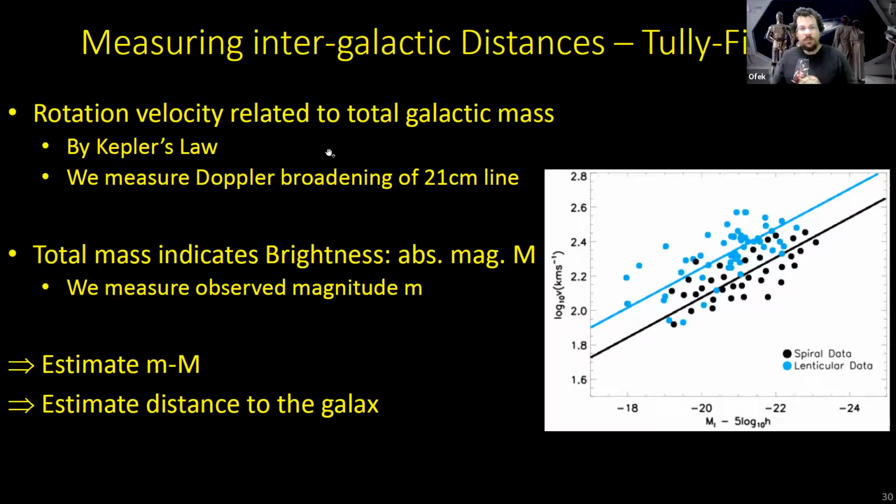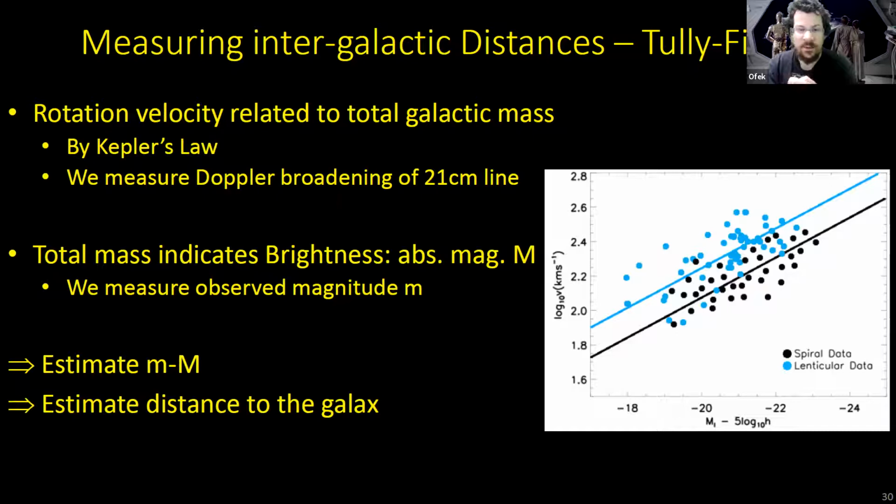This relation between mass and light can help us, because mass is something that we can indirectly measure for a galaxy. We can measure it indirectly from the velocity of rotation of the galaxy, again by Kepler's law or by Newton's laws or by some approximation of those.